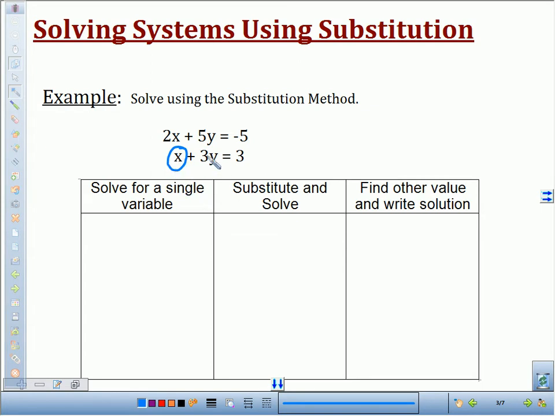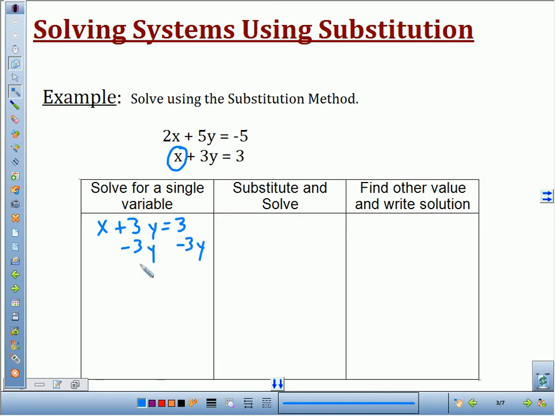I'm going to take my second equation and I'm going to solve for this x. So I have x plus 3y equals 3. That is the equation I want to solve for this x. Solving for this x means all I have to do is subtract 3y.